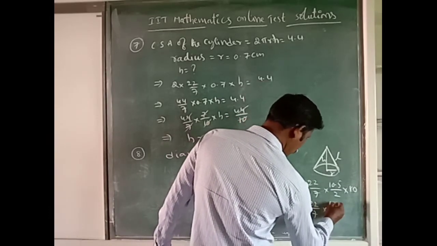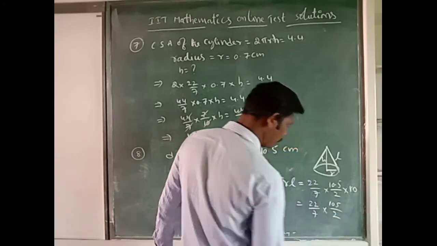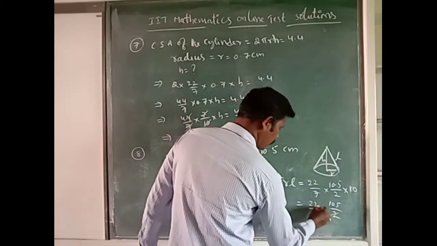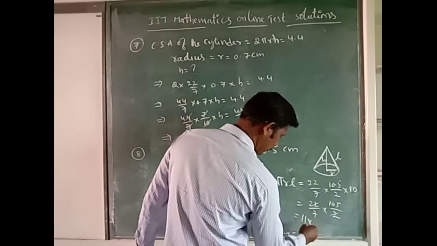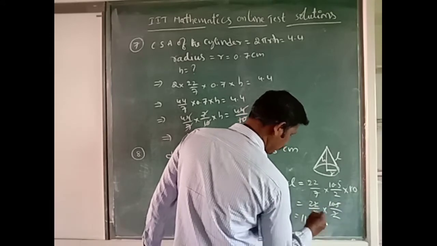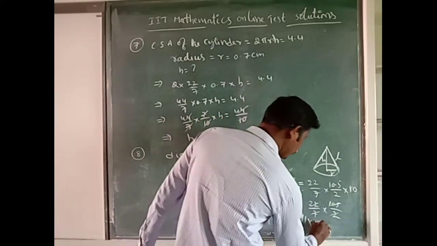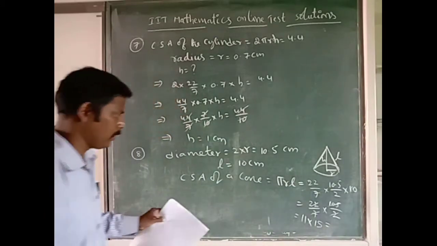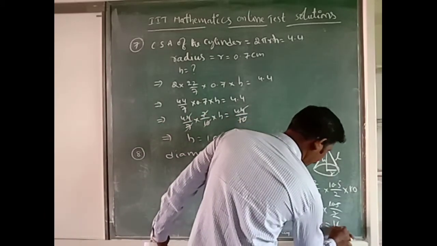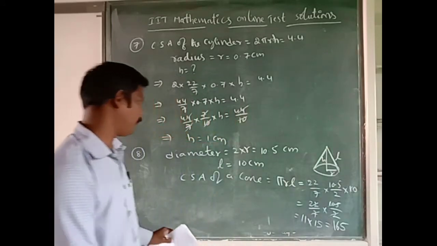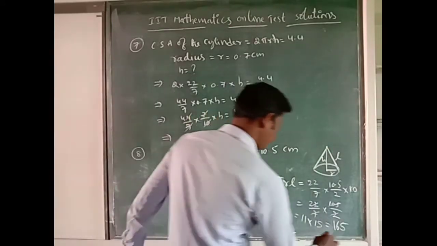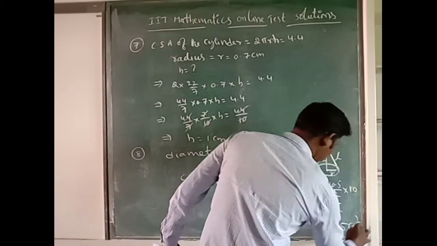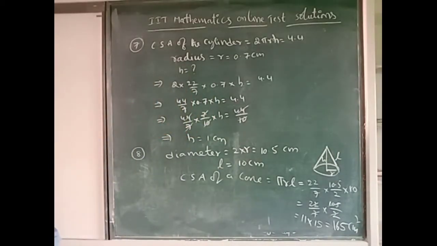Now simplify, children. 22/7 into 105/2. Next, 2 ones are 2, 11s are 7 ones are 7, 7 fives are 35. Now 11 into 35 multiply, 165 centimeters square. Understood, children?